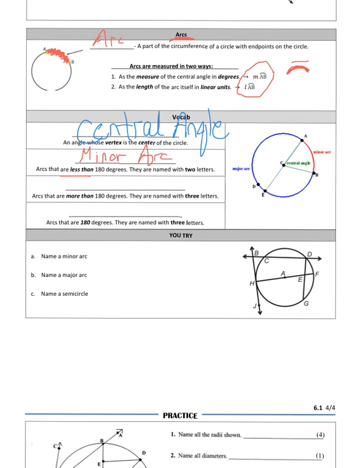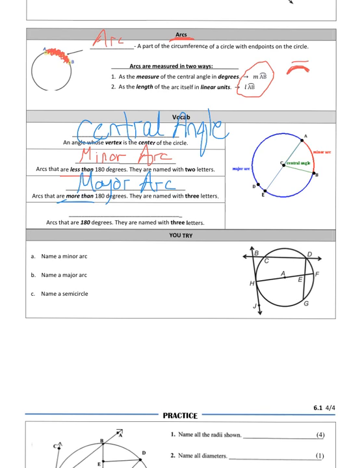It's a smaller piece of my circle, as opposed to more than 180 degrees, which would be a major arc. In this case, the major arc would be this huge blue section, which is definitely more than 180 degrees, definitely more than halfway around my circle.